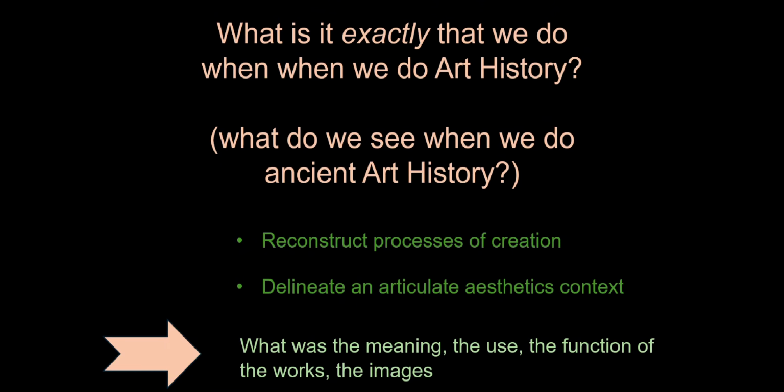To answer these questions, I do think that when practicing ancient art history, I can benefit from dialogue with other disciplines. Of course, disciplines from humanities and social sciences, which participate in defining a given aesthetic context, such as archaeology, history, linguistics, but also disciplines from biology, which seek to understand how a body and a mind perceive images.